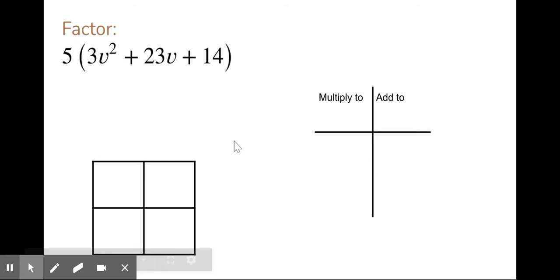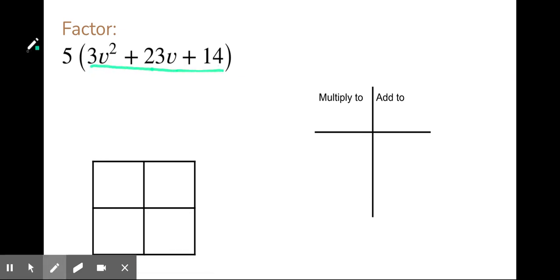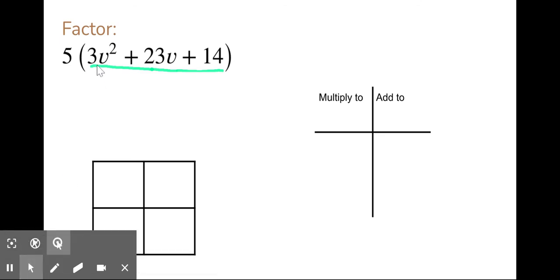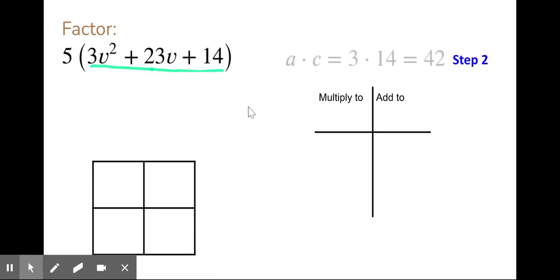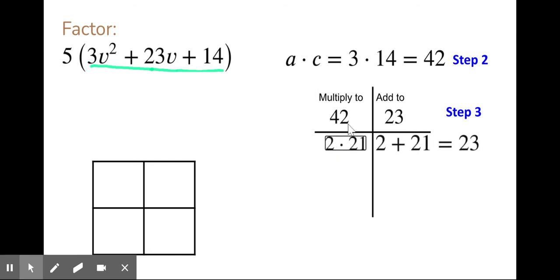And then from here, we're going to do what we did in the past with this one. You're going to multiply 3 times 14, and that equals 42. So you're going to find the factors of 42 that add up to 23. I first took 2 and 21, that multiplies to 42, and 2 plus 21 equals 23.